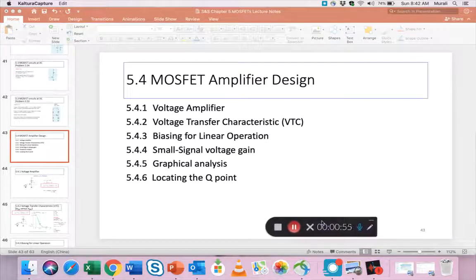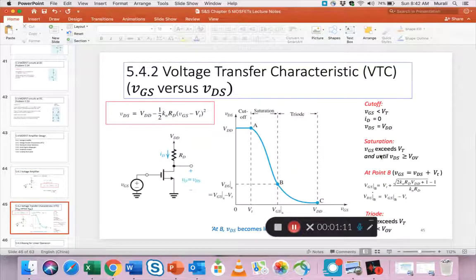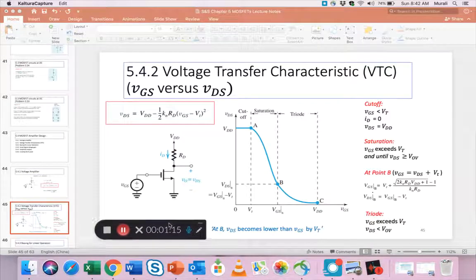One thing I wanted to point out before we jump into our first problem. I'm on slide 43 and you can see all the items for 5.4. One of the important items is on slide 45, where we have our main VTC graph that shows how the relationship between VGS and VDS plays out.